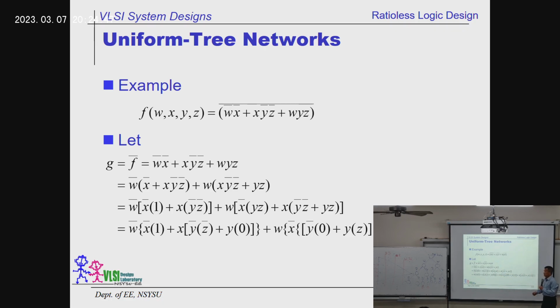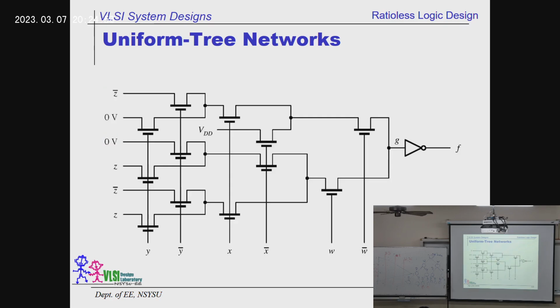That's fine. So this is called the root and the leaves. So basically, the uniform tree is a binary tree. Every decomposed variable is in charge of one layer of transistors. This is a uniform tree.